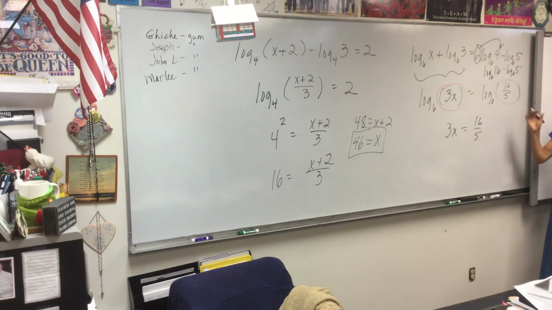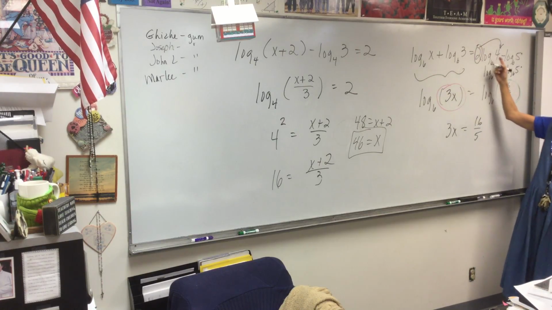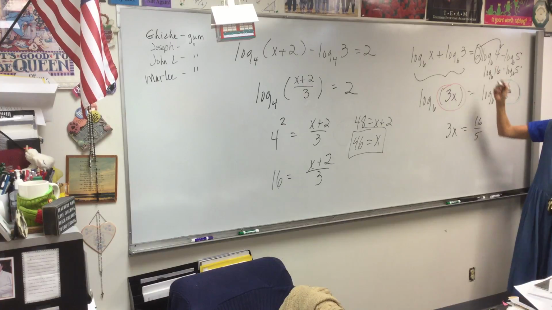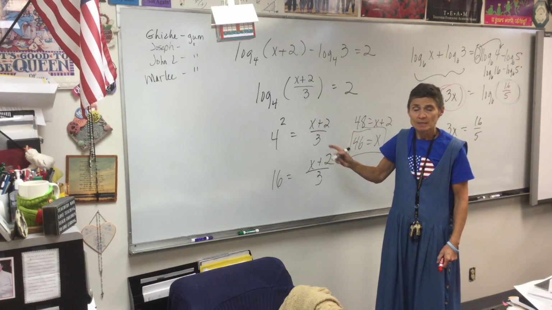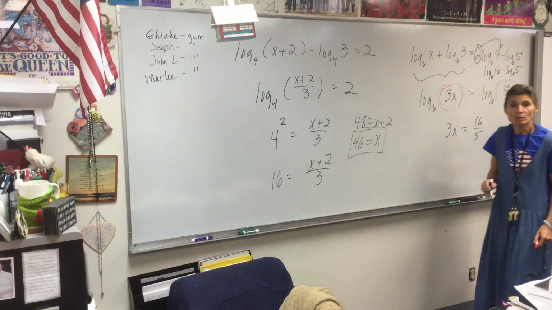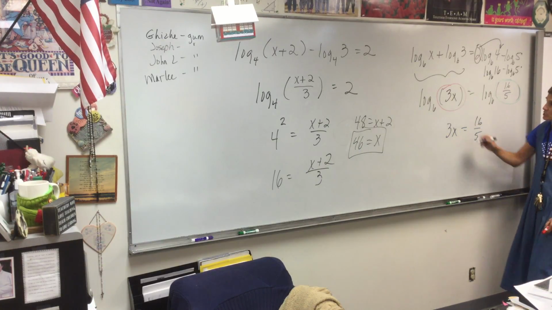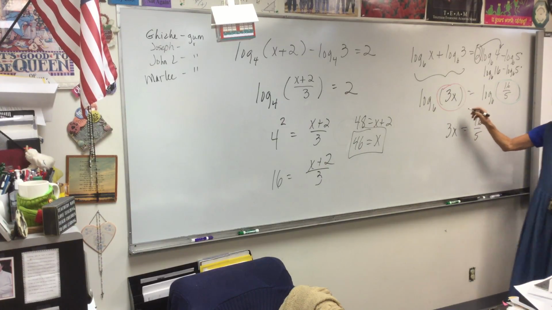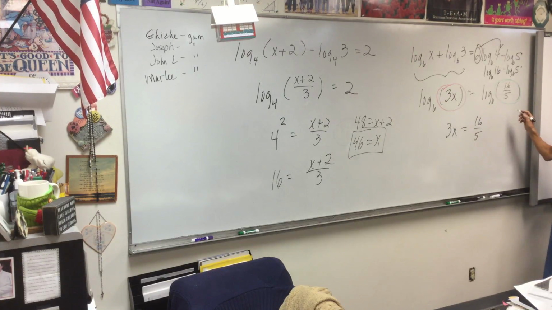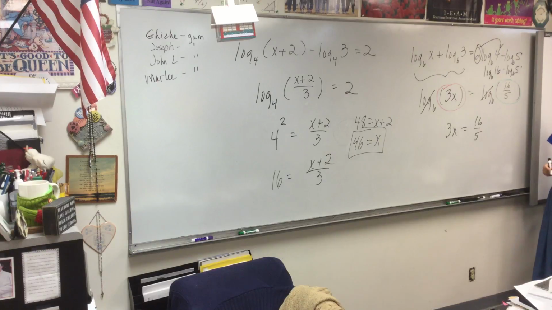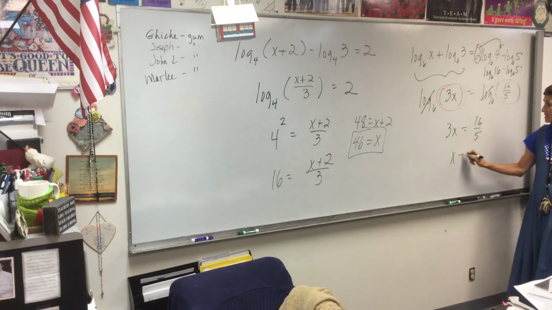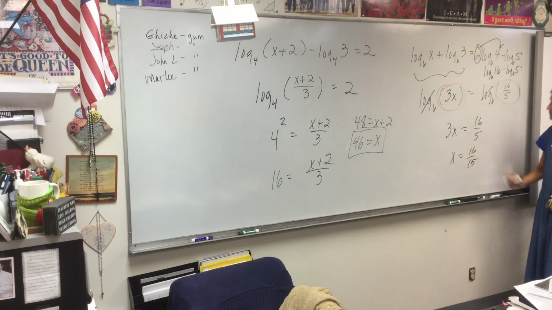Absolutely, you can drop the logs. Now, you can't drop the logs back at the beginning of the problem. You can't drop the logs in this problem. The only time you can drop the logs is when you have the log of red equal to the log of green. Then you can drop those out and solve the resulting equation. So x equals 16/15.